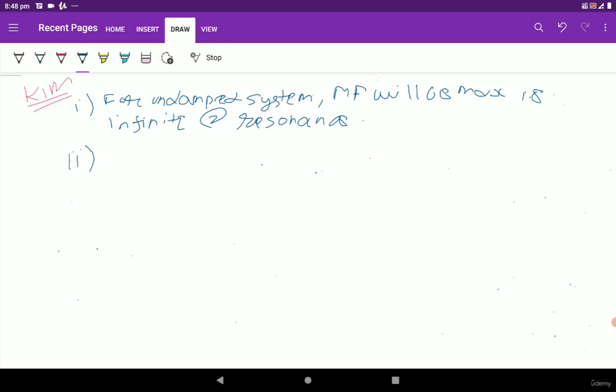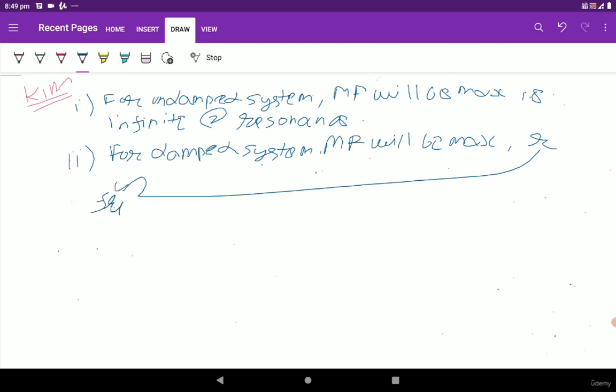Second point is that for a damped system, the magnification factor will be maximum when r, that is the frequency ratio, is slightly less than 1.